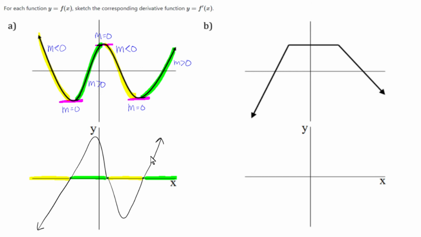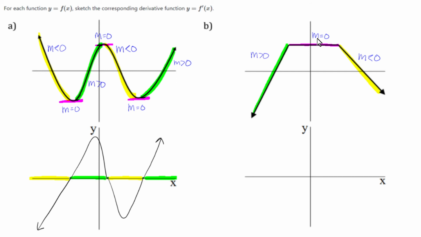If we move over to this graph here, from left to right, we can see that over here, the slope is positive. On this side here, the slope is negative. And then up here, the slope is 0. We have a perfectly horizontal line. Okay.